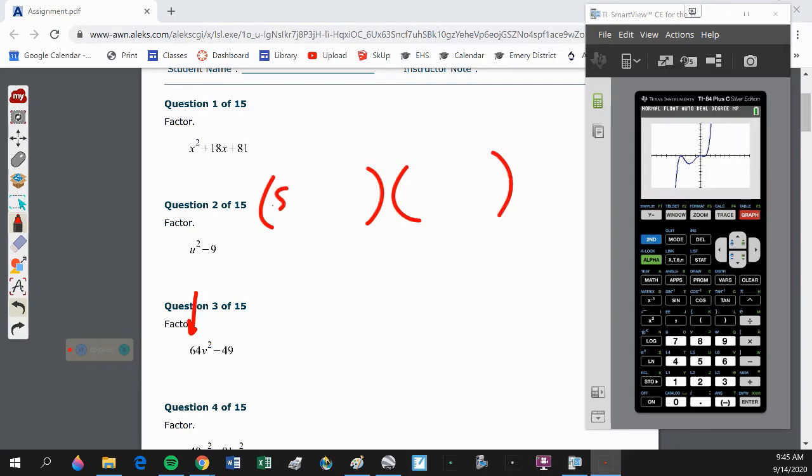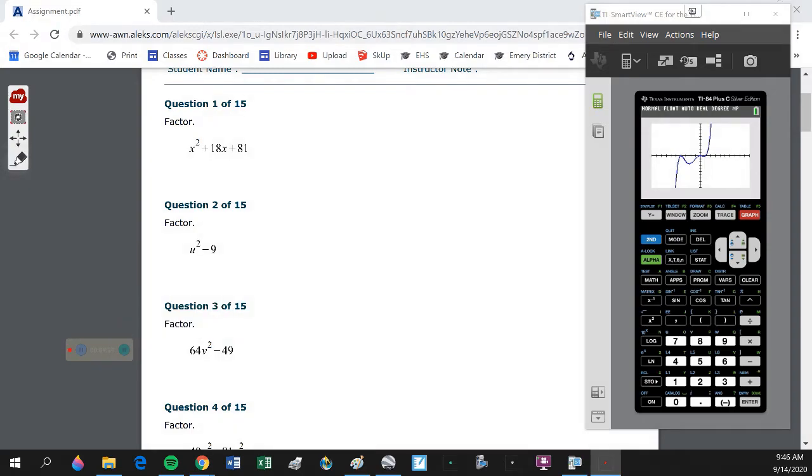So this is 8v and 8v. What two numbers multiply to be 49? 7 and 7. And I have a subtraction. Remember, it has to be a subtraction or it won't work. So it looks like that. Do you guys understand that? Okay.